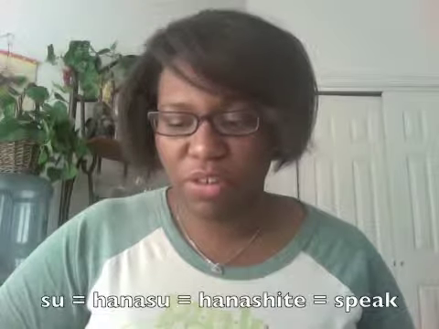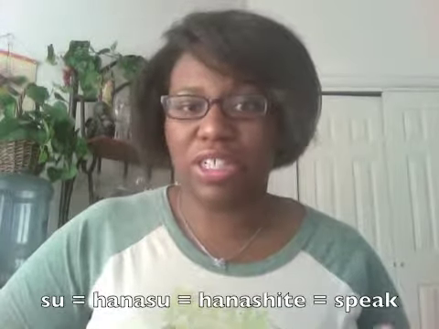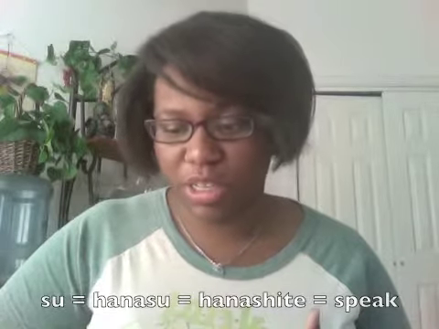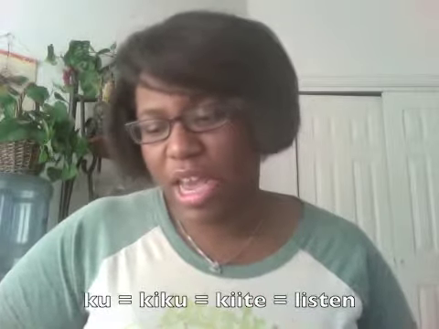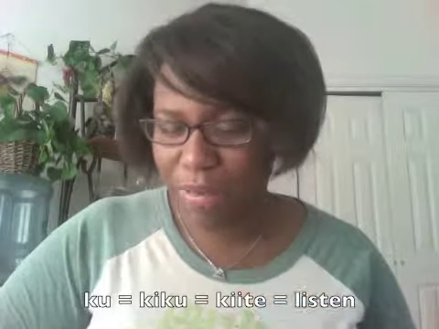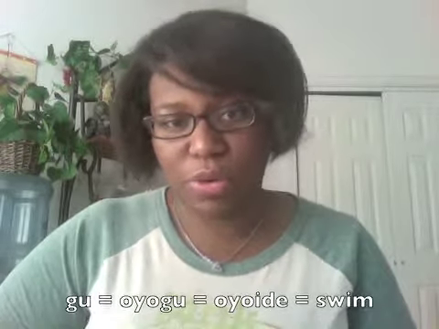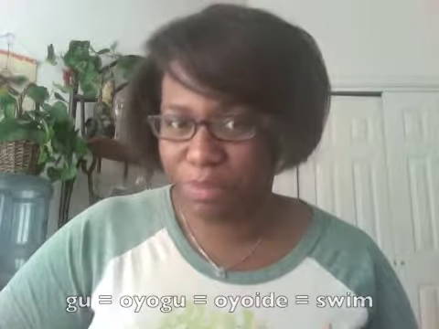For a su ending verb, we have hanasu, okay, which becomes hanashite, which means to speak. And then you have ku. I chose kiku for the verb, and it becomes kiite, which means to listen, okay? Then our last one is a gu ending verb. I chose oyogu, which becomes oyoide, which is to swim.